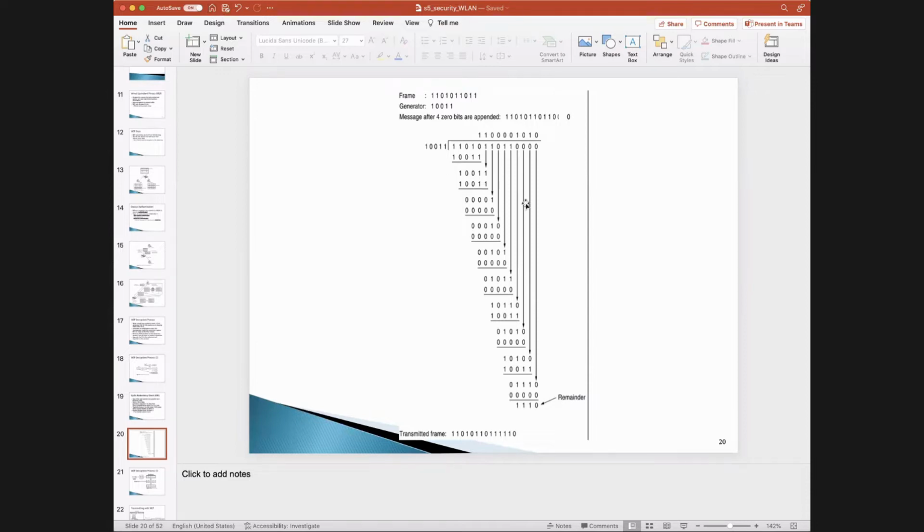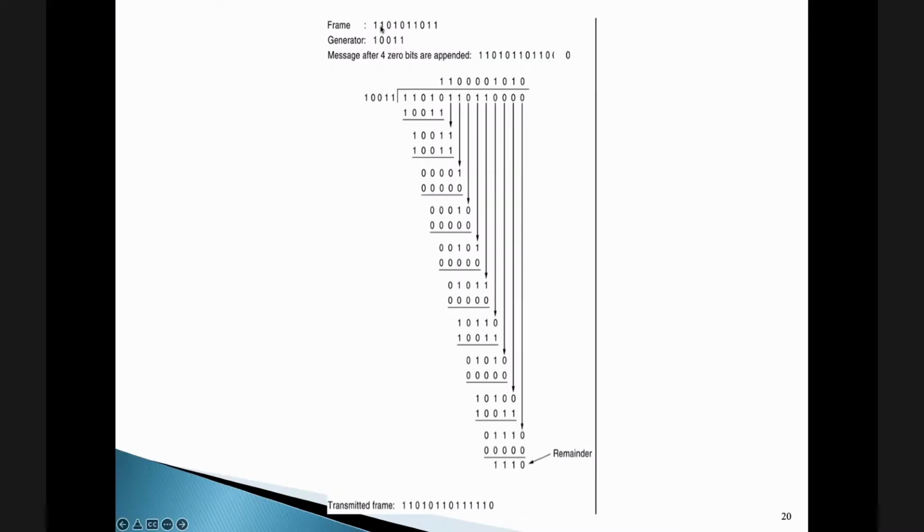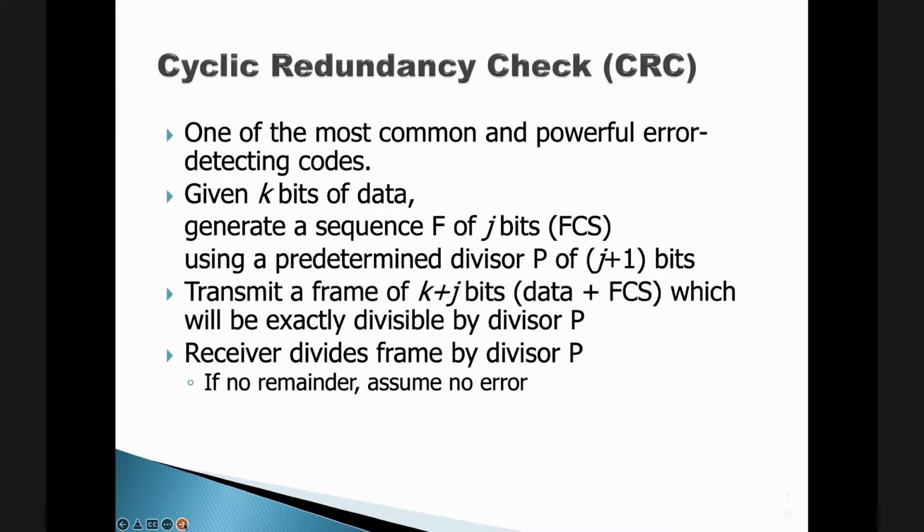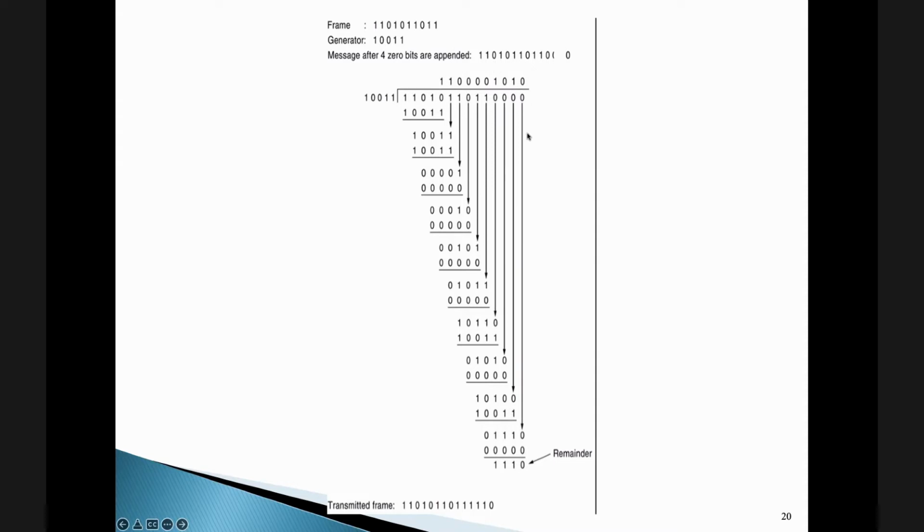The main idea of CRC here is very simple. You have a frame of data to send, right? So let's say this is the data 1101011011, and then you perform an operation.